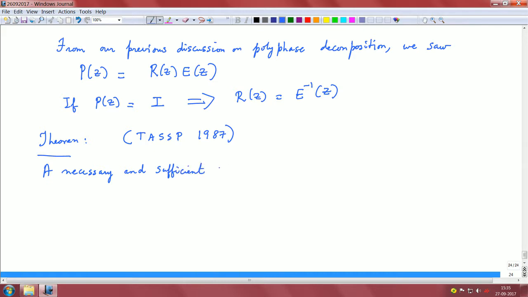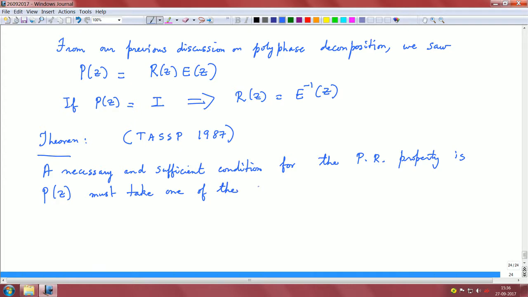A necessary and sufficient condition for the perfect reconstruction property is P of z must take one of the following forms.